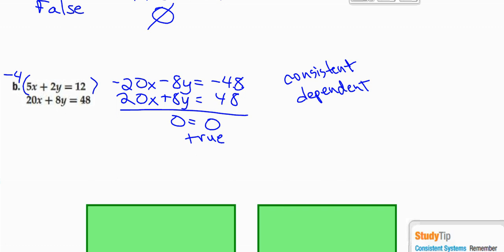Now the only tricky part on these is if it has an answer, we have to figure out what that answer is. So we want to take either one of those equations and solve for y, because these are actually the same equation.